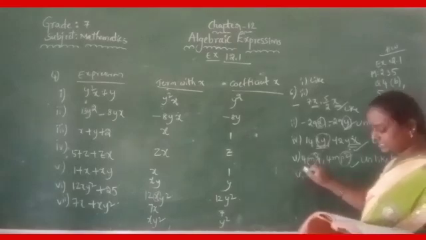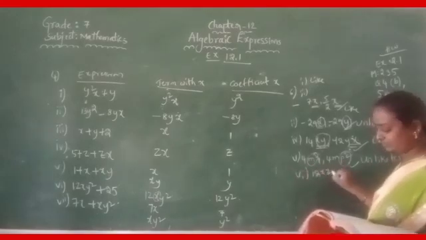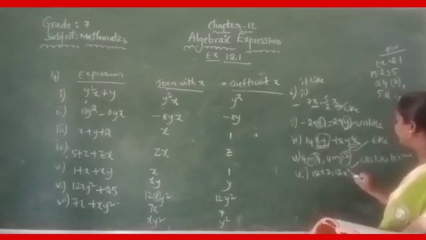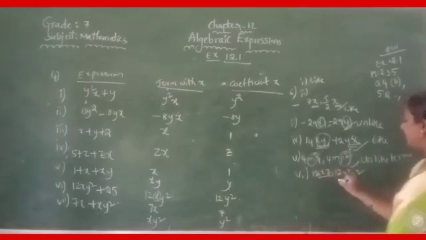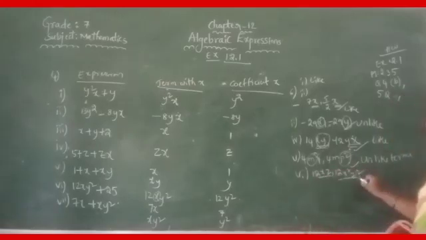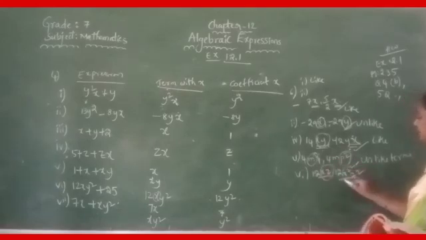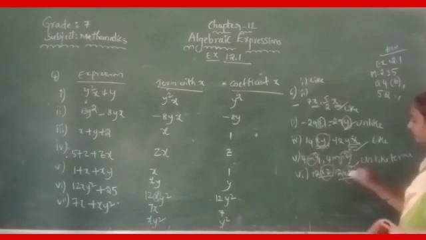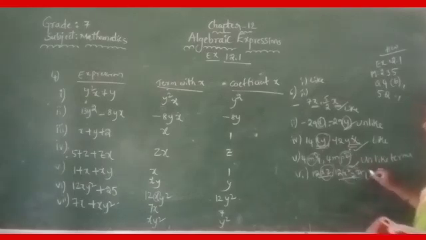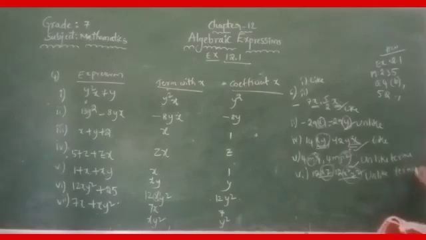And the sixth one: 12xz and 12x square z square. See the algebraic factors: xz has single factors, but here x square and z square. So we can say these are unlike terms.